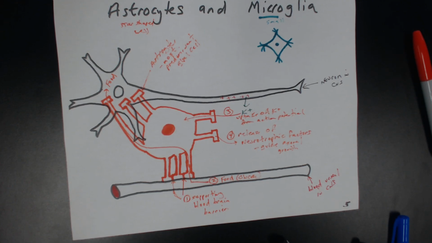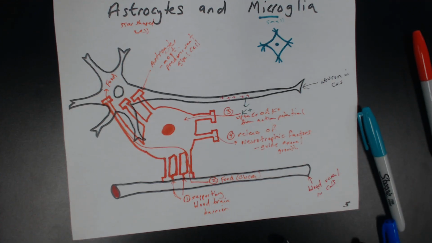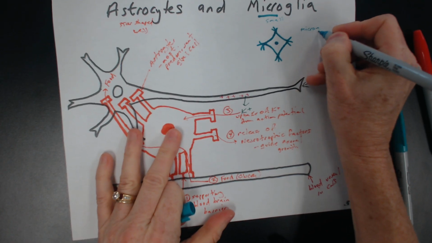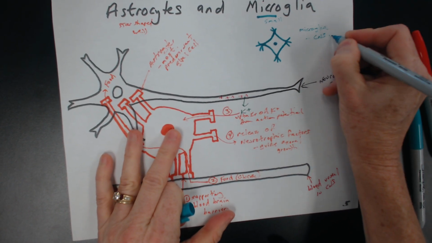Okay, where the astrocytes had those 4 functions associated with them, the microglia has one job in life, and that is to become the CNS immune system. So microglia, they function as the CNS immune system.